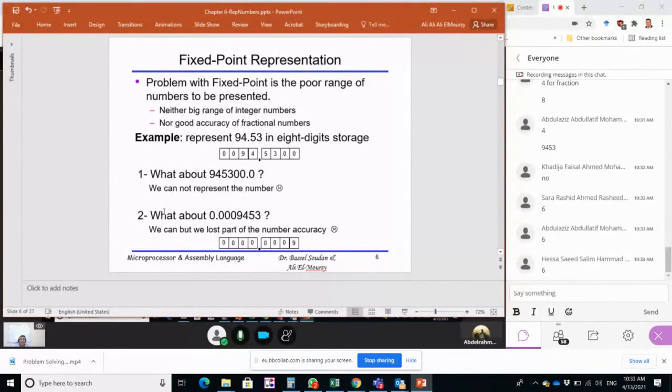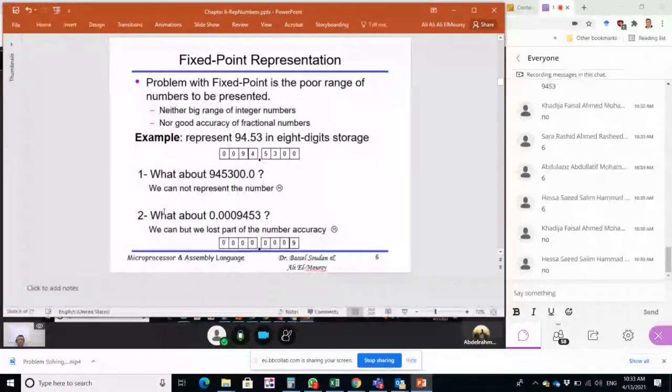Right. Let's go to another extreme. What about 0.0009453? Can I represent this number in my storage here? The answer is yes, because I can store the fraction here as 0009, but I'm losing a significant amount of accuracy.